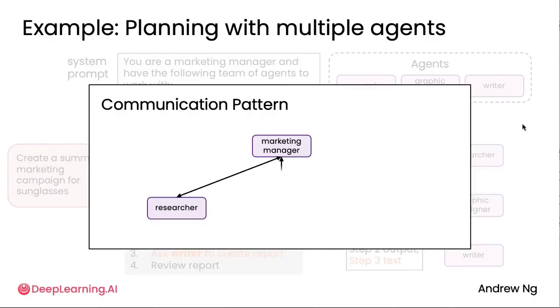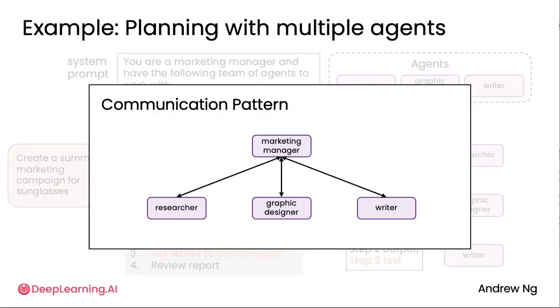Then if you think of the marketing manager as getting the report back and then sending it to the graphic designer, getting the report back and sending it to the writer, this would be a hierarchical communication pattern. If you're actually implementing a hierarchical communication pattern, it'll probably be simpler to have the researcher pass the report back to the marketing manager rather than the researcher pass the results directly to the graphic designer and to the writer. But this type of hierarchy is also a pretty common way to plan the communication patterns.